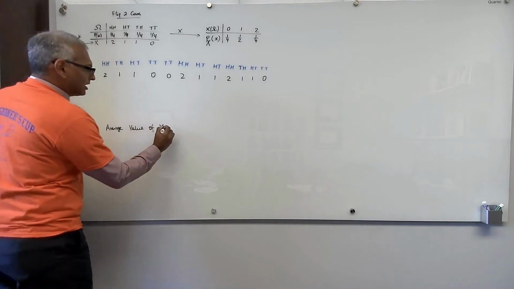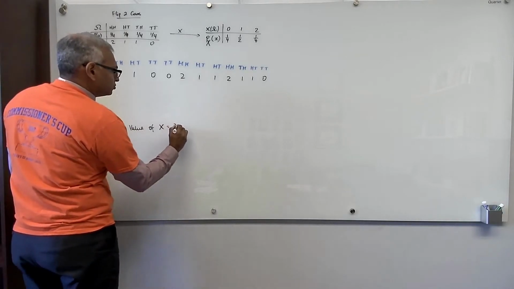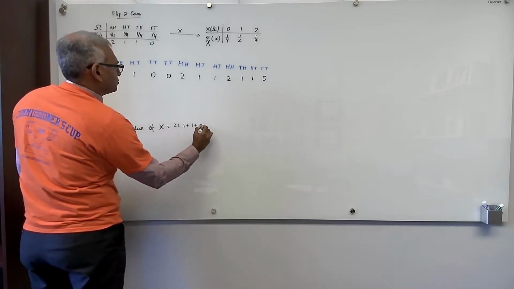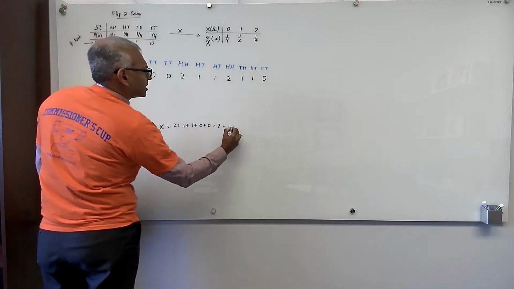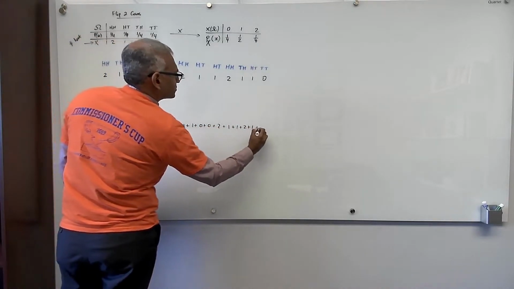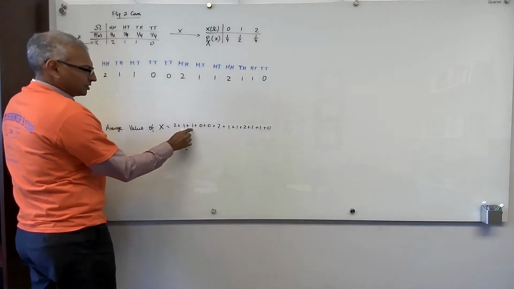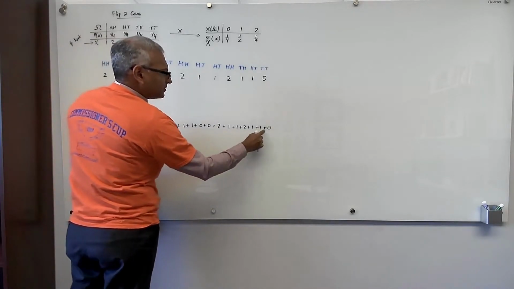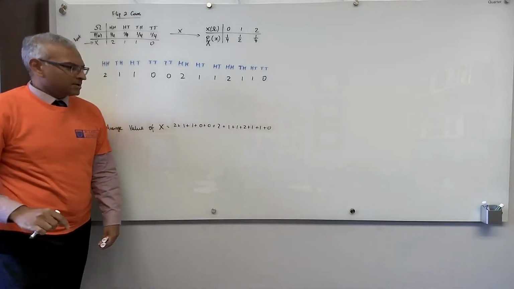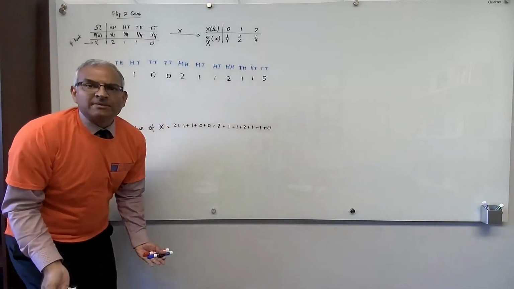Well, we add it all up: 2 plus 1 plus 1 plus 0 plus 0 plus 2 plus 1 plus 1 plus 2 plus 1 plus 1 plus 0. So the 12 outcomes, we add them all up and divide by the number of times we did the experiment.